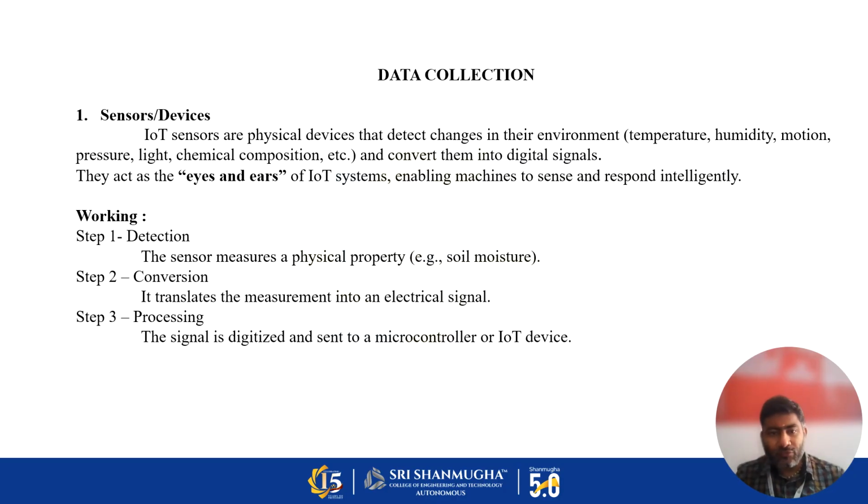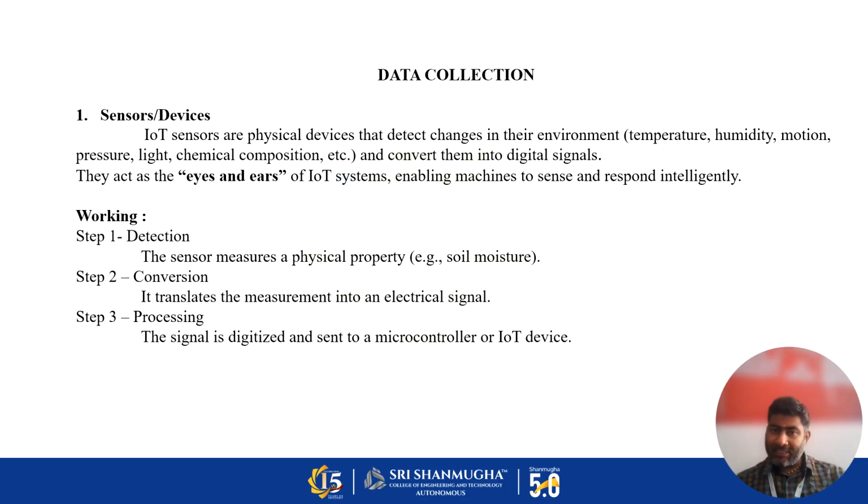Okay. So initially, data collection. How do you collect data? In IoT, the major data collection points are sensors. By employing sensors in a physical environment, if there is any change in the physical environment, these sensors will record those changes.